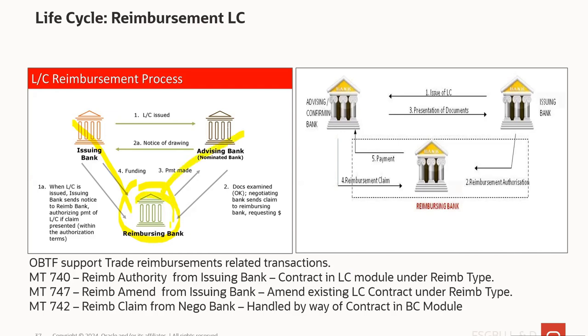Then the system has the capability, by way of STP, to handle the incoming 740 in the LC contract and the incoming 742 under that LC contract to be booked under the BC contract, and a payment message will be generated. It is also possible to generate a 744 for a non-compliant claim received from the reimbursing bank.